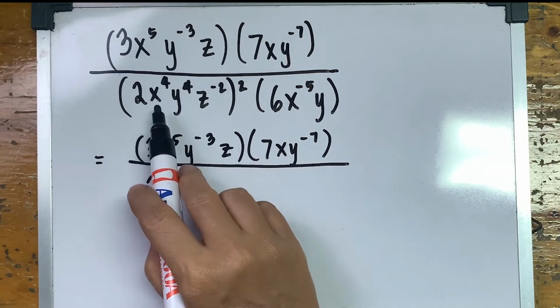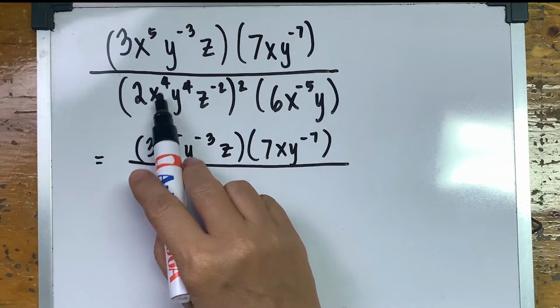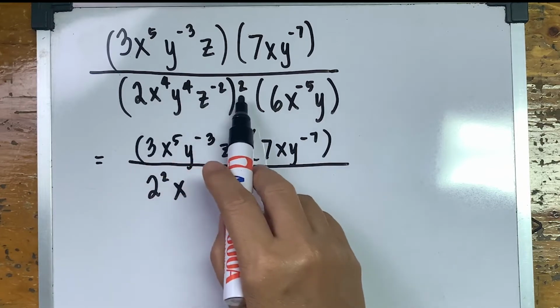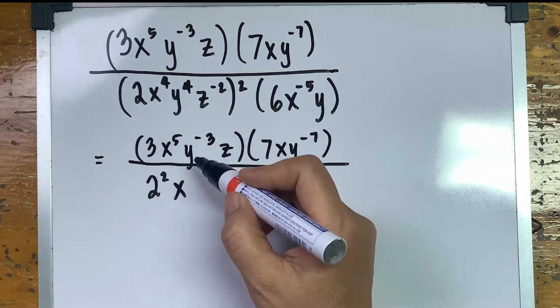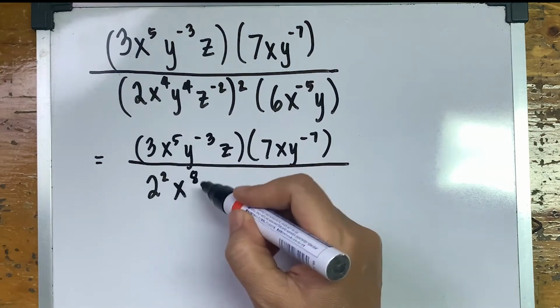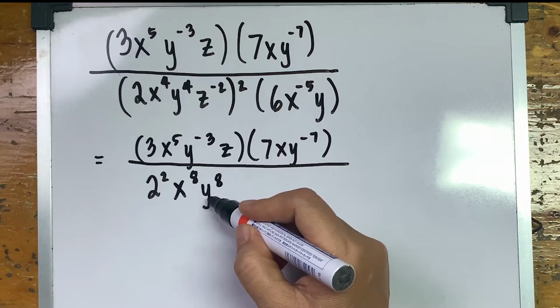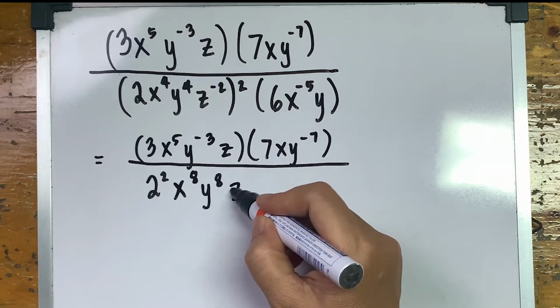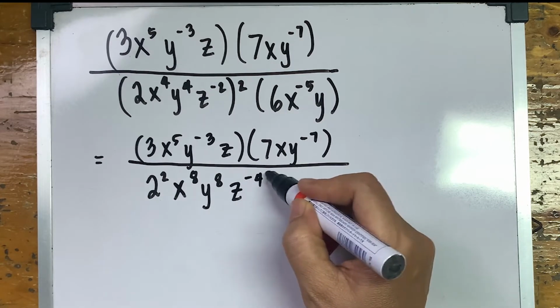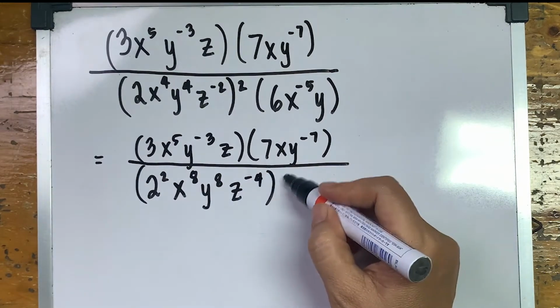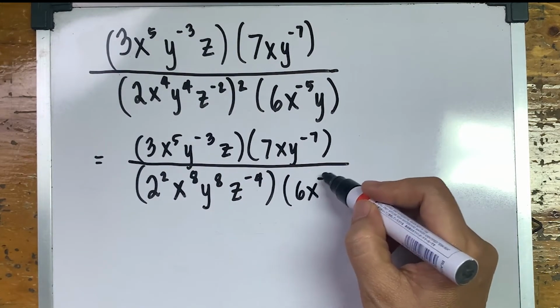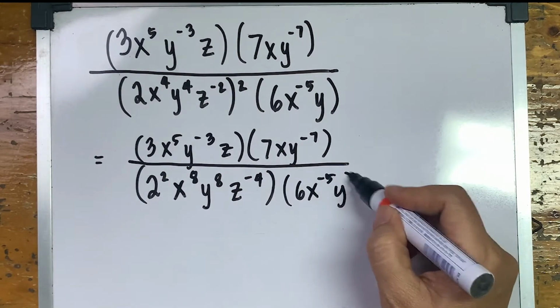Remember, this is a power rule, so x to the fourth and then raised to 2. So we have to multiply 4 and 2, so it will be 8. Same with y, so y to the 8th power and z to the negative 4. Multiplied by 6x to the negative 5 y.